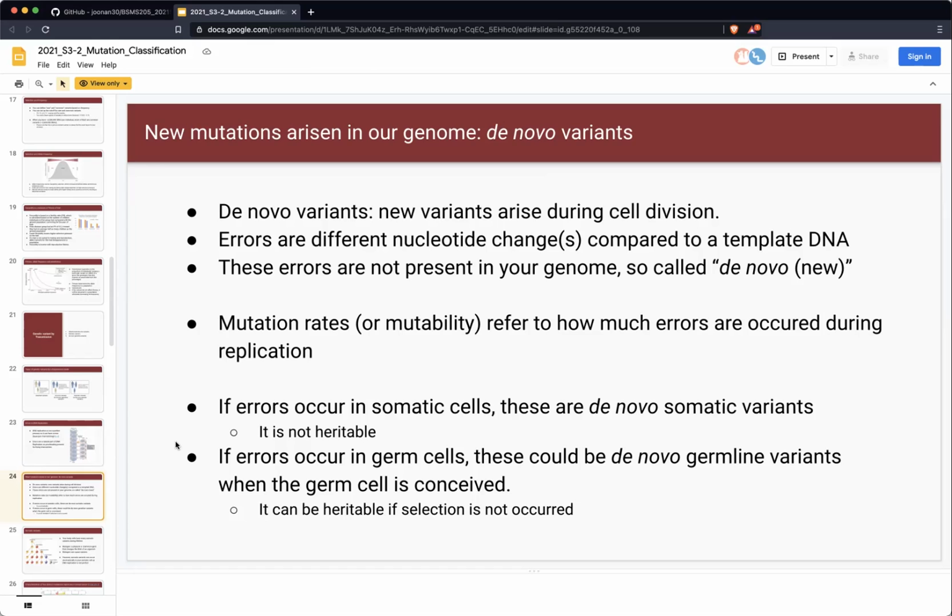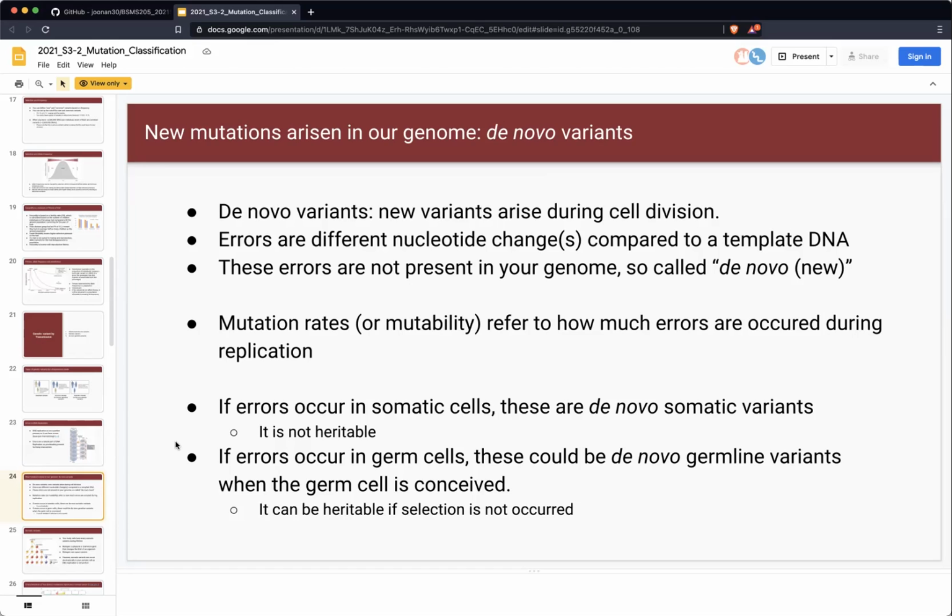If the mutation rate is very high, the individual organism could die, because there are too many mutations. The replication is not perfect, so they probably have very varying phenotypes and no stable situation for their development, and the organism probably dies.